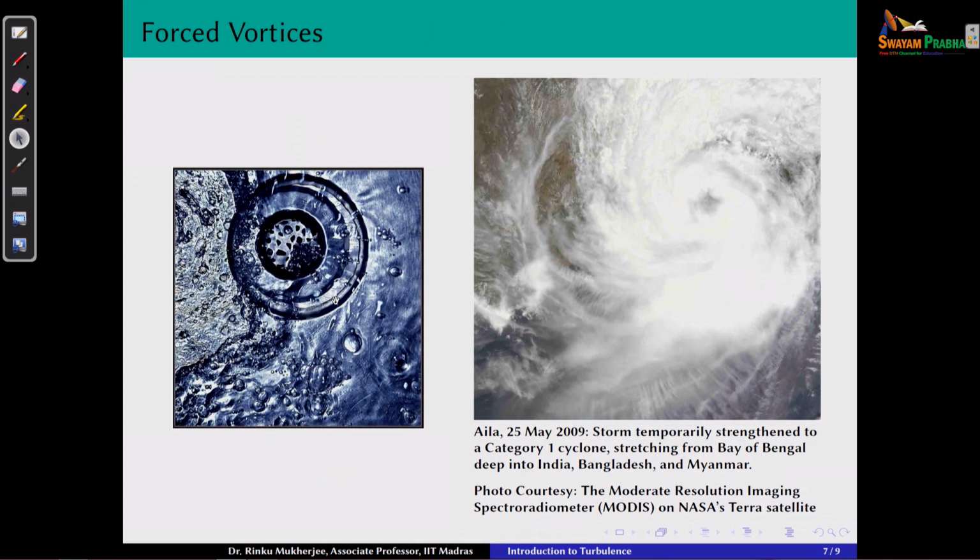Yeah. Okay, this is very interesting. I put these two pictures together, which is very interesting. The one on the right hand side is the storm in the Indian Ocean, in the Bay of Bengal, which is basically Aila in 2009, and it's a satellite picture.